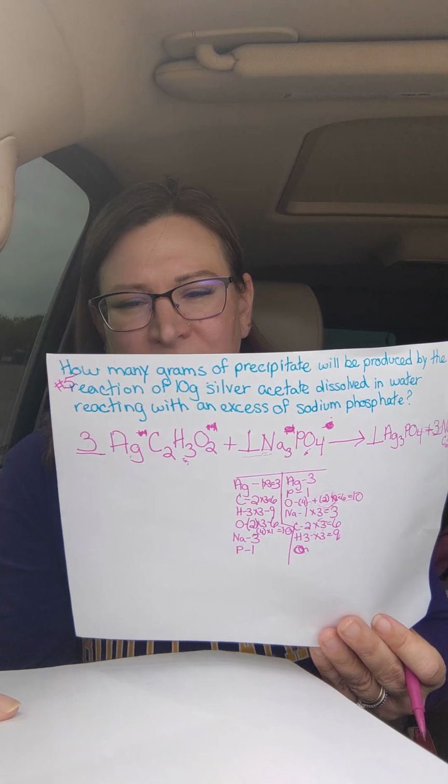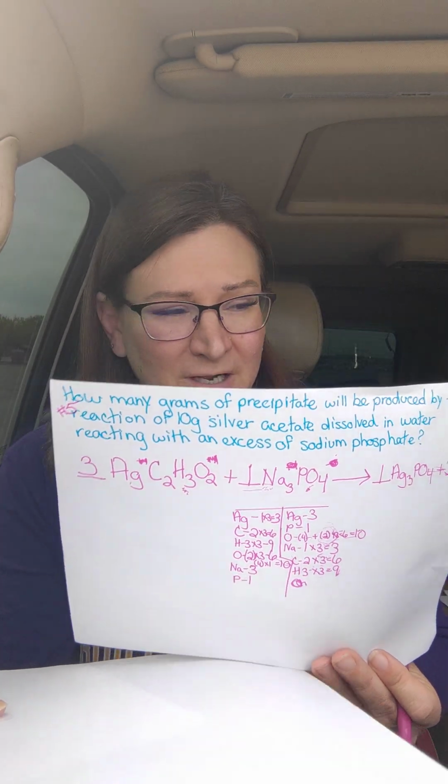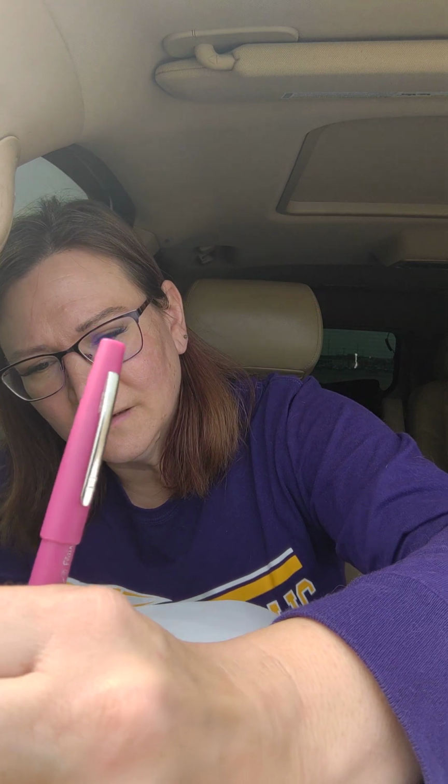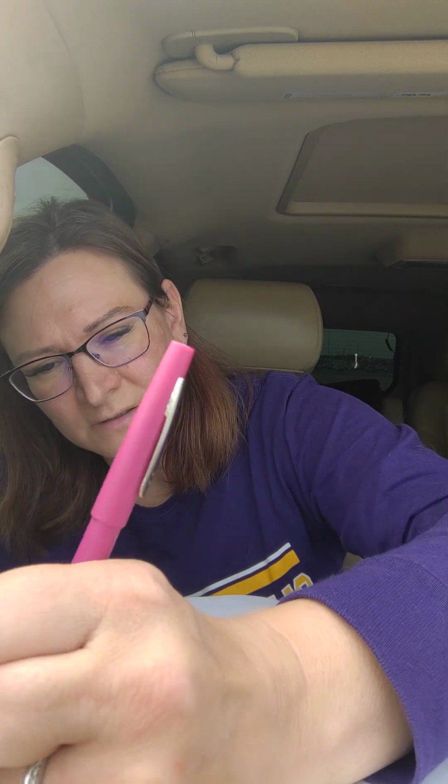So let's go ahead and put that 10 grams of silver acetate down so that we have that. Looking at our chemical equation, silver acetate is AgC2H3O2. Alright, so that's our starting.